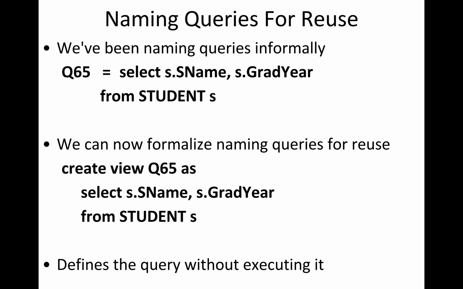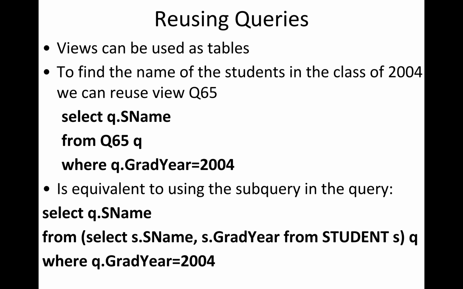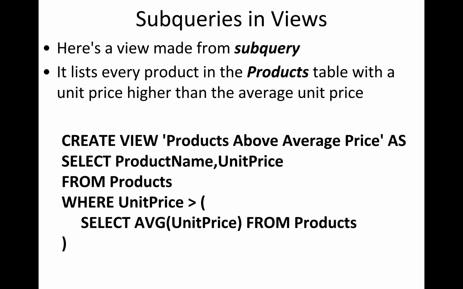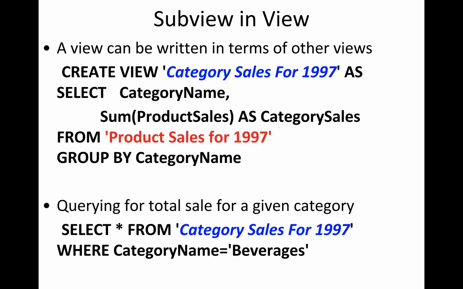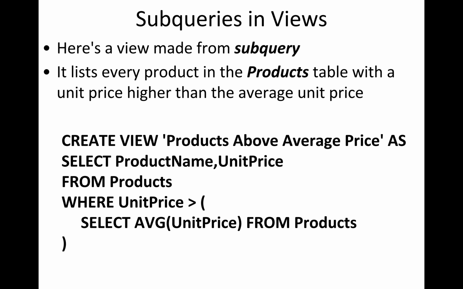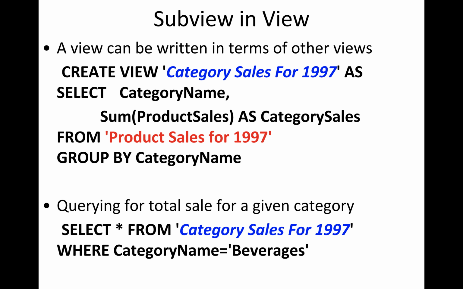I don't believe we created that view. Presumably this product sales for 1997 would be something like this one, where the sales year would be equal to 1997, which would create one view, and then that view can be used as another table to create another view. So you could build a view on top of other views. It would be nested select statements, one inside of the other.